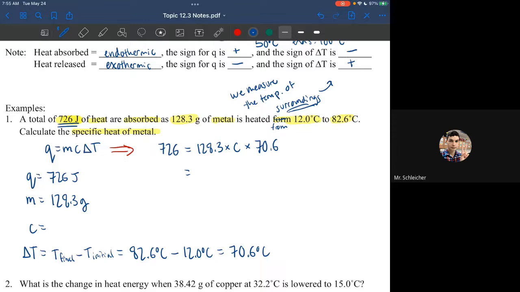And when I do this, I get some number like 9,058 or so times C. And I still have this equals 726 on the left side.